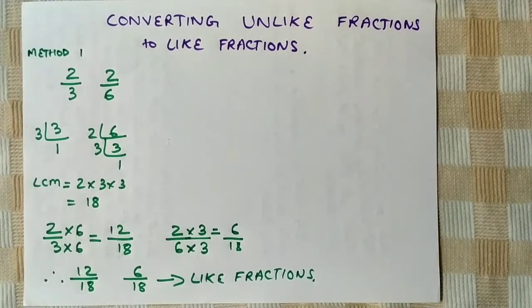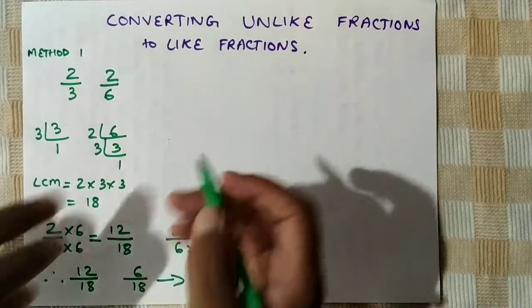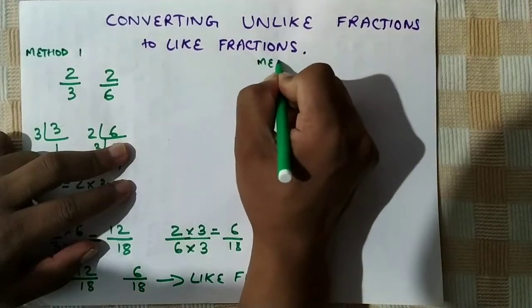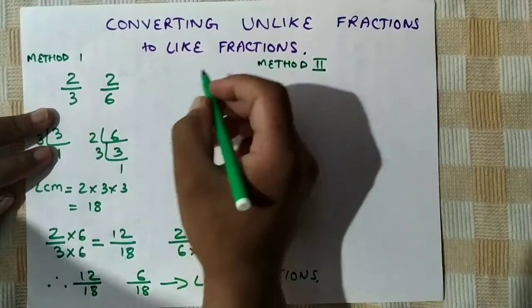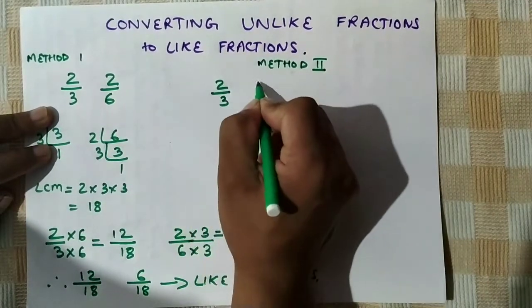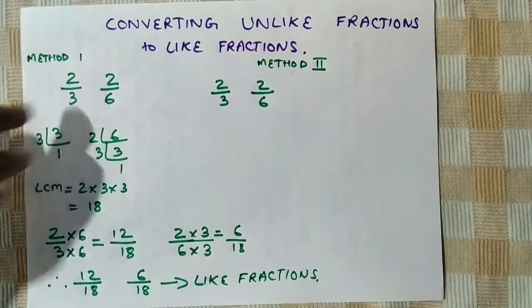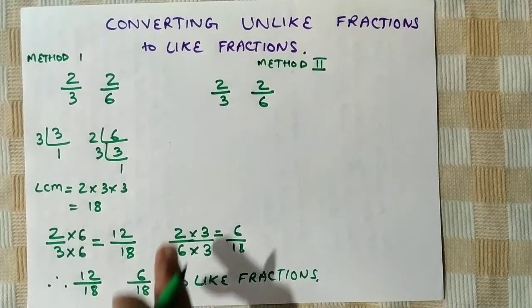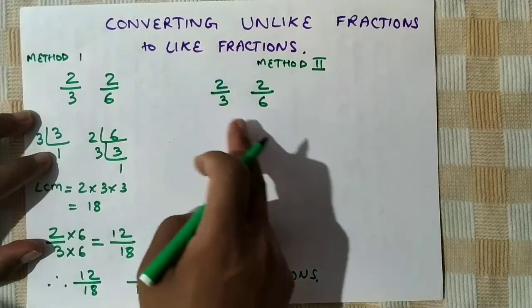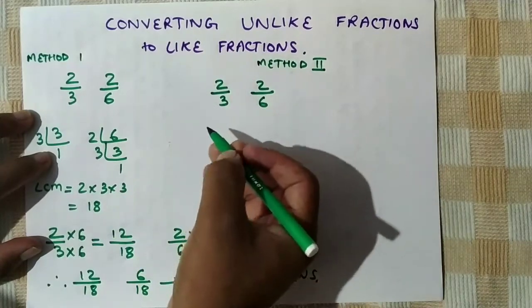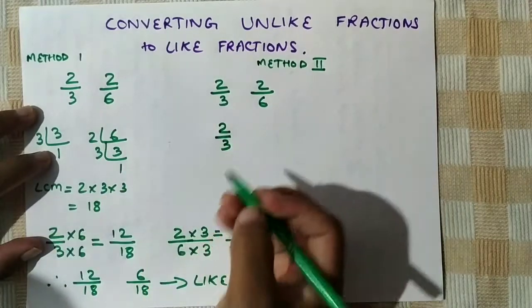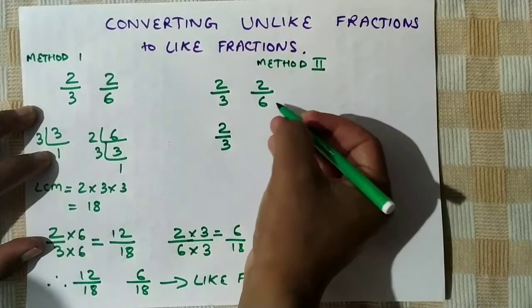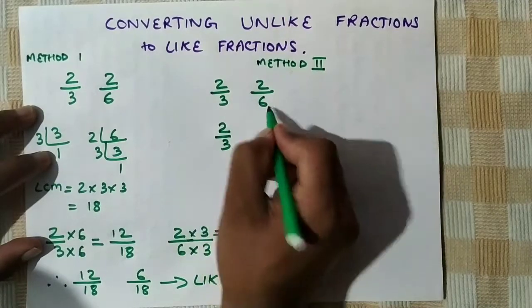So this was one method of converting unlike fractions into like fractions, and another method is method 2. Let's take the same fractions, 2 by 3 and 2 by 6. Now you'll have to multiply the fractions with the opposite denominators. Let's take the first fraction and multiply it with the other fraction's denominator, that is 6.